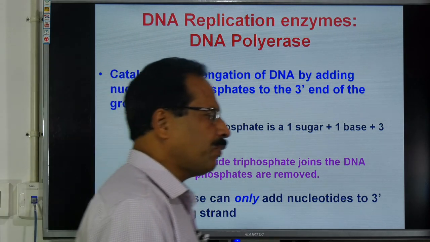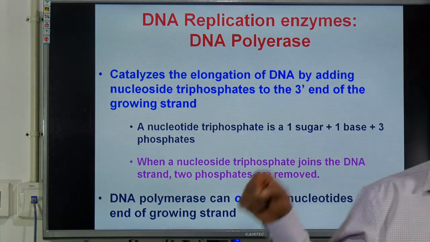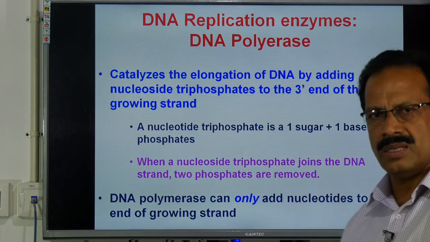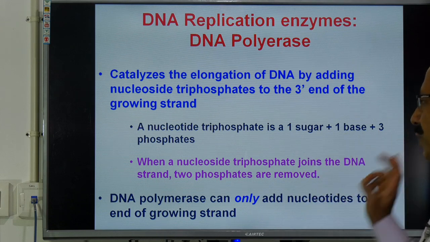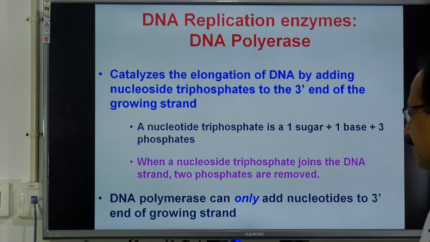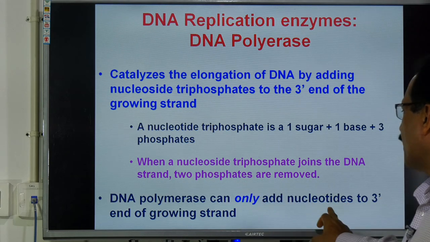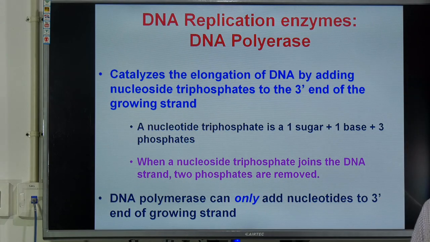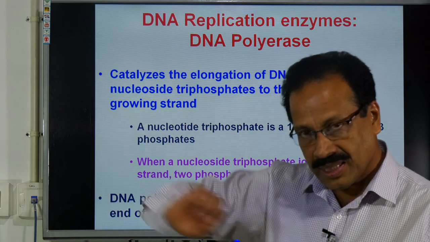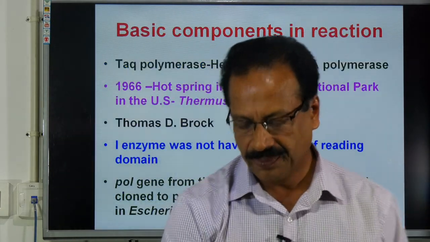When a nucleotide triphosphate joins the existing strand, it loses 2 of the phosphates. And DNA polymerase can only add nucleotides to the 3' end of the growing strand. That is why the direction is specific.